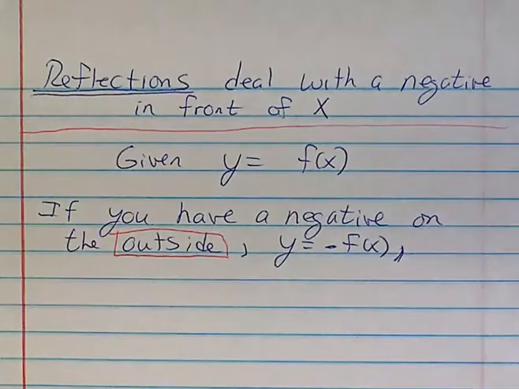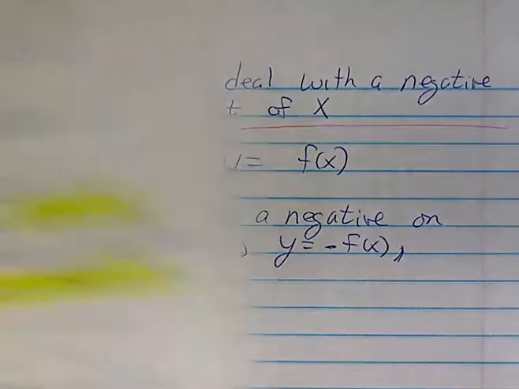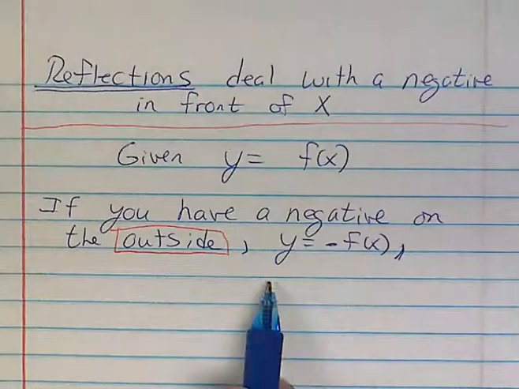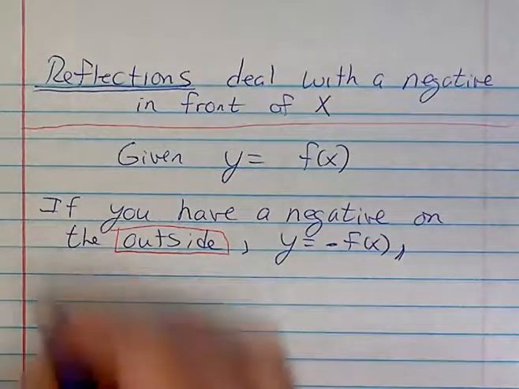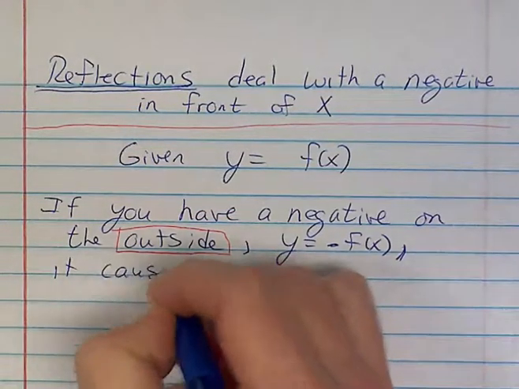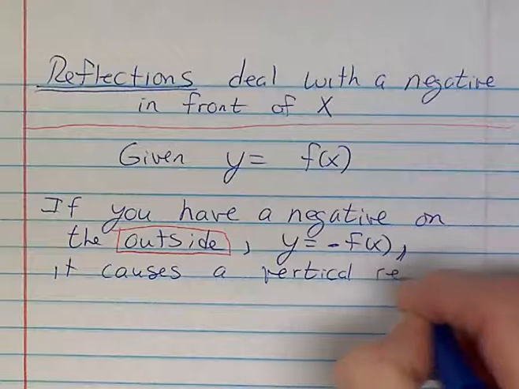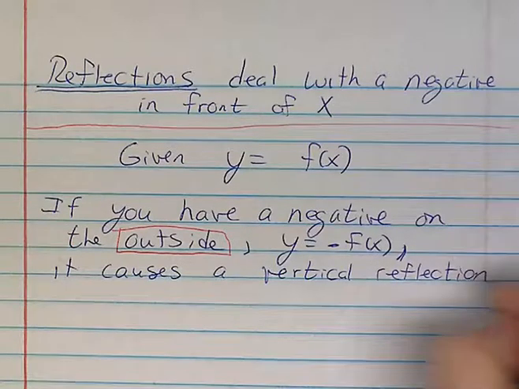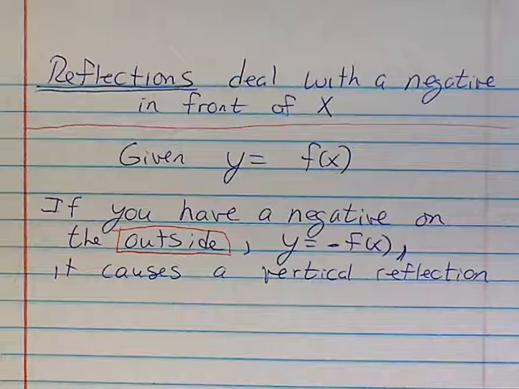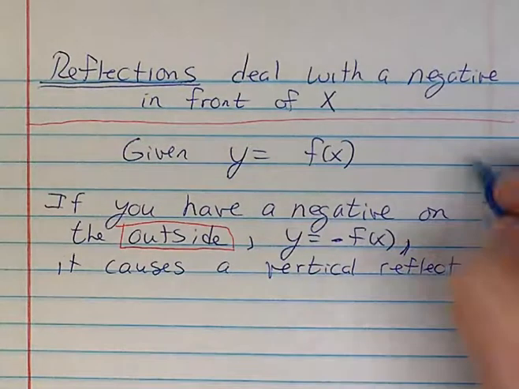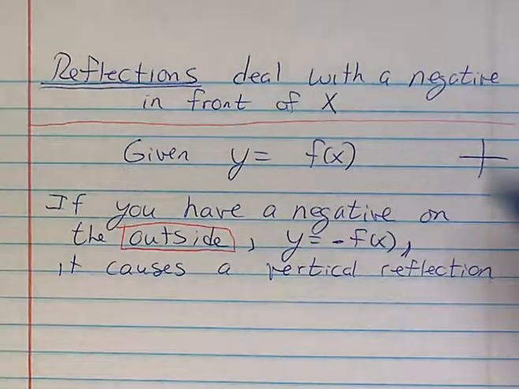Back in the first part, if we had a negative on the outside, it made it go vertical. This one's going to do the same thing. It's still going to cause a vertical flip. It's going to make a vertical reflection. And think about it in this case, if we're graphing this thing and you move up and down, which axis do you go over?